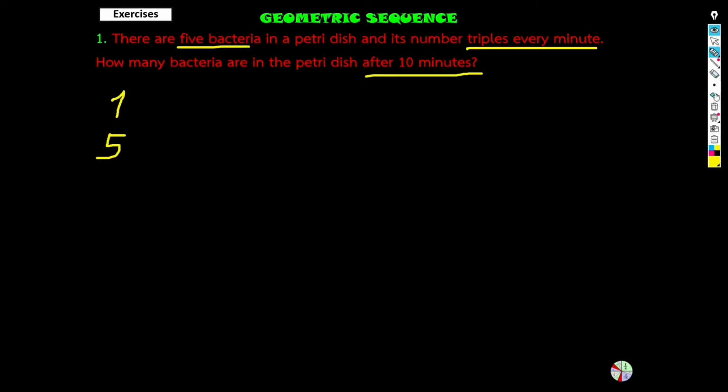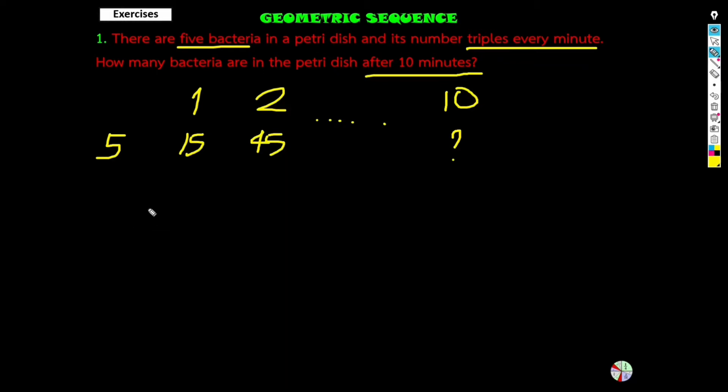In the first minute the number triples, so it will become 15, and next minute it will become 45, and so on and so forth, up to the 10 minutes. So the question is, how many bacteria will there be in the petri dish after 10 minutes?